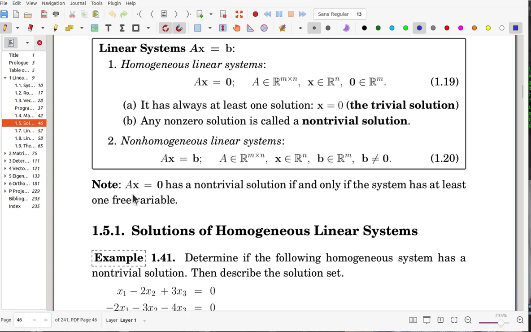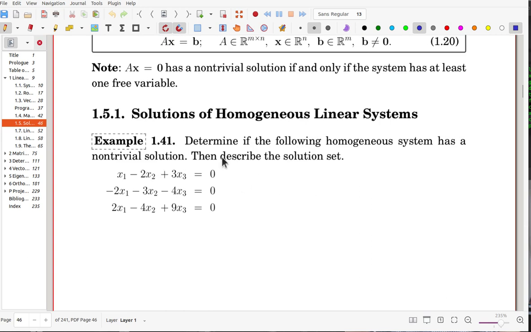A homogeneous linear system has a non-trivial solution if and only if the system has at least one free variable, right? Okay, here we'll begin with solutions of homogeneous linear systems.